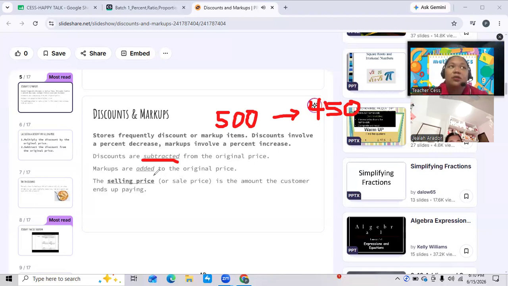If the chair costs 100 pesos each, each chair will be added 5% of that original price. So instead of 100, it will be added 5% of 100. We will have more examples about this. Do you see the difference between the two?